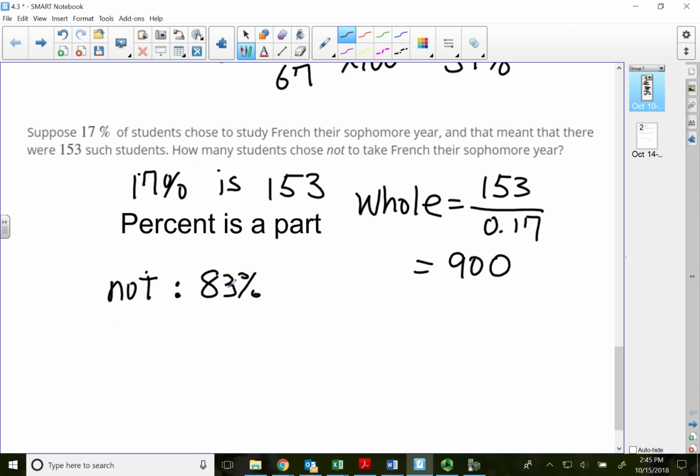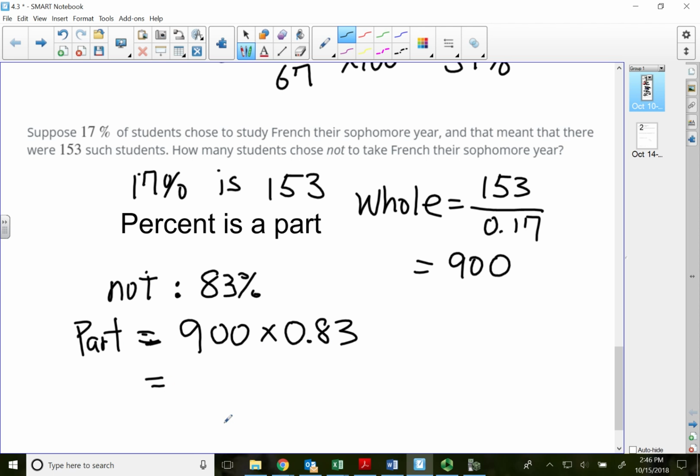So now 83% is not studying French, so I can take 900 total times my percent of that is not, times 0.83, because once I got my total, which is the whole, and I got my percentage, then I can say my part is equal to percent times the whole.